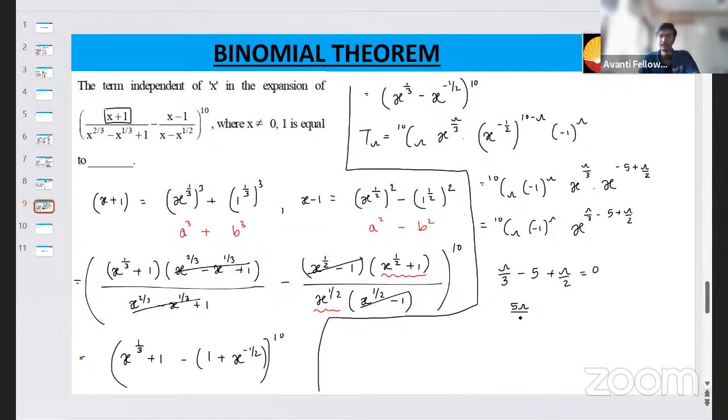So 5r by 6 equals to 5. 5 and 5 will get cancelled and r equals to 6. So T6, sorry, TR plus 1 होता है. So T6 plus 1, which is T7, will be equals to 10C6 x raised to the power 2.